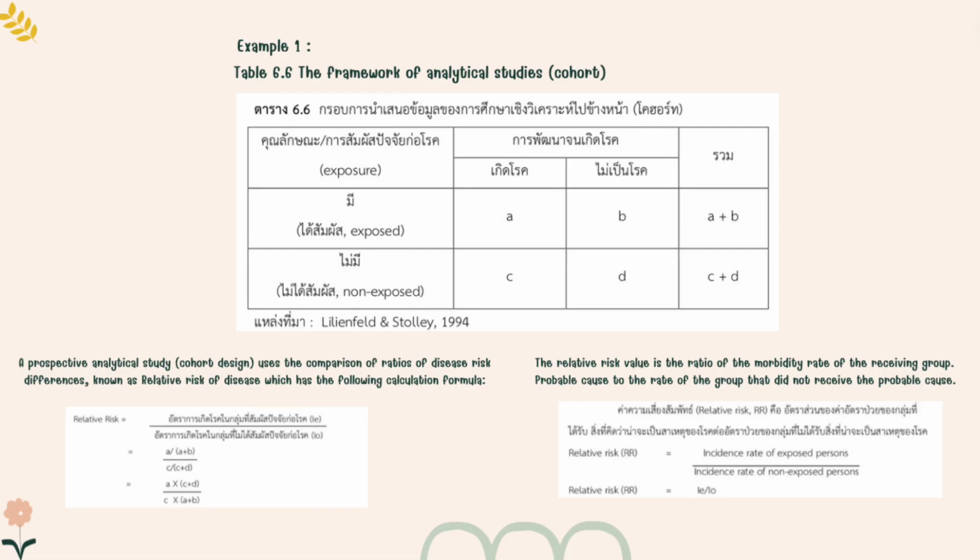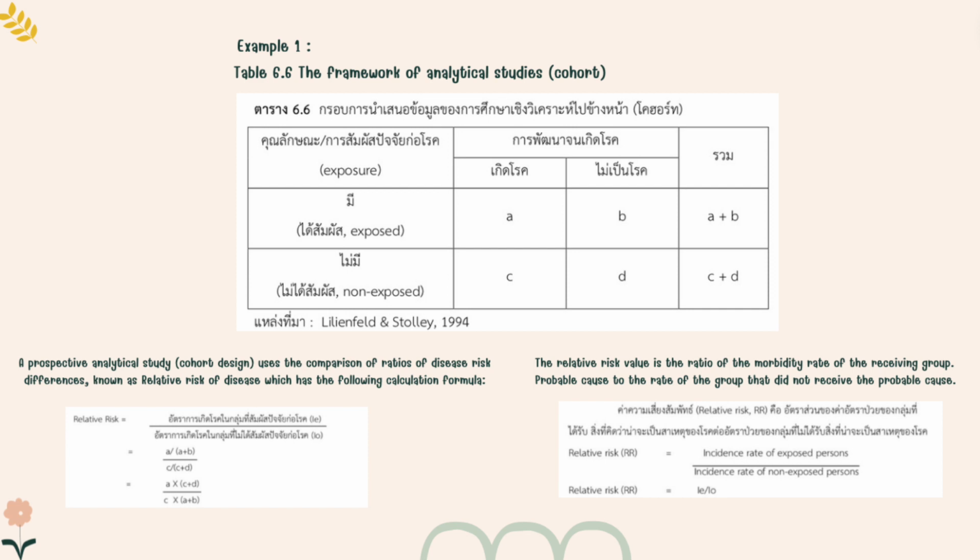Next, let's see an example from table 6.6. After determining the variables, you can calculate the incidence of disease, or the occurrence of disease, in both groups as follows. 1.